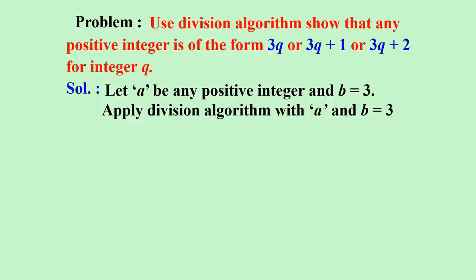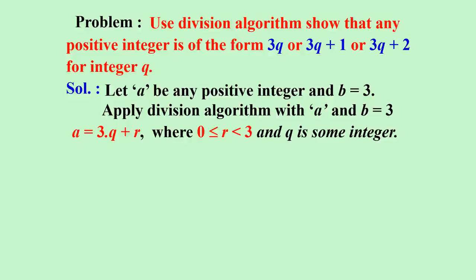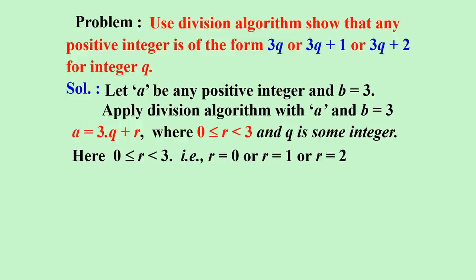Apply the division algorithm with a and b is equal to 3. a is equal to 3q plus r, where 0 is less than or equal to r, less than 3, and q is some integer. Here 0 is less than or equal to r less than 3, that is, r is equal to either 0 or 1 or 2. If r is equal to 0, then a is equal to 3q plus 0, that is a is equal to 3q.